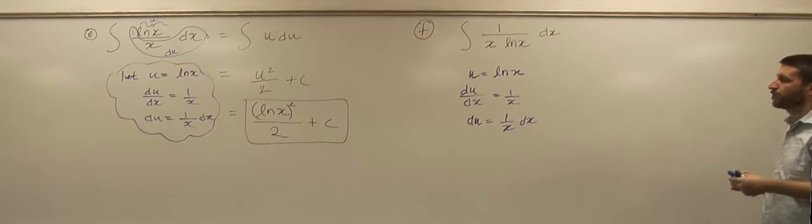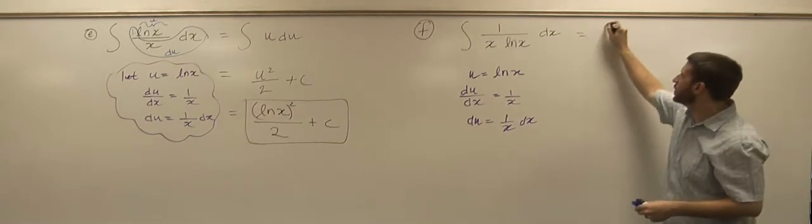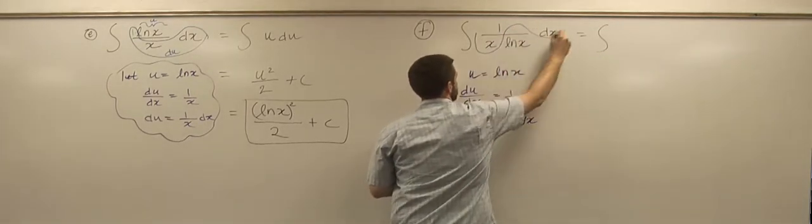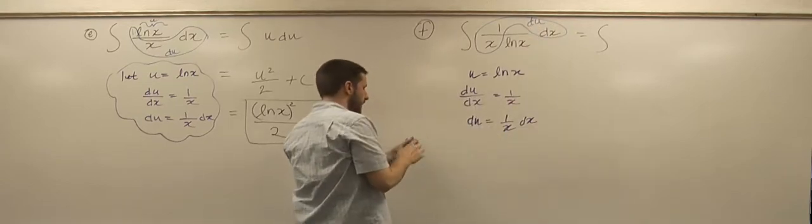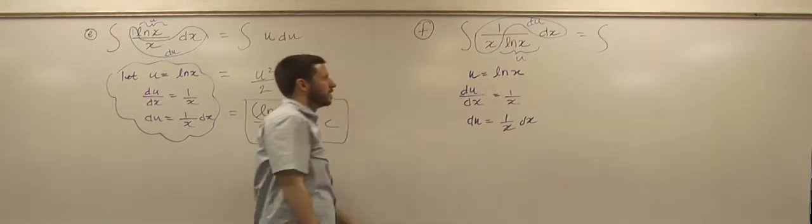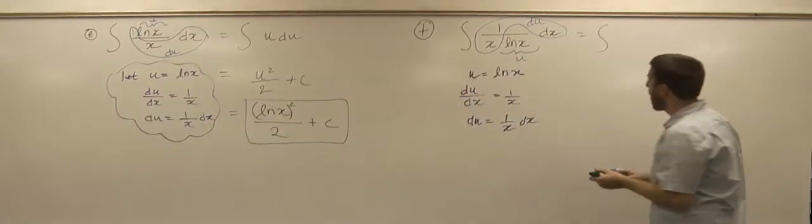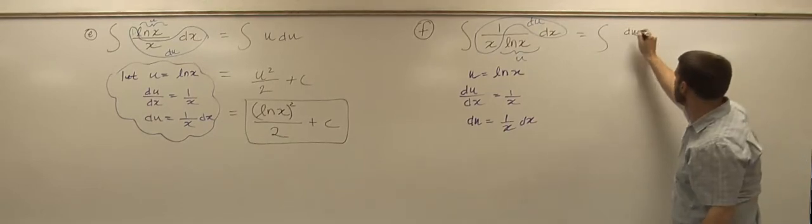So when you substitute in here, all of this is your du, and then this guy left over is your u. So you get du over u.